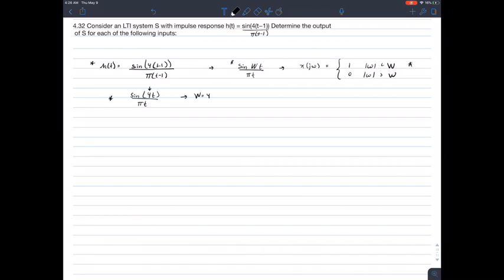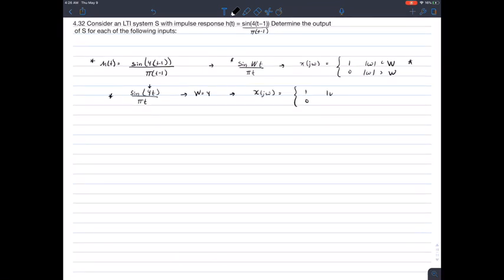So big W is equal to 4. So then now our new x of j omega is going to be equal to 1, 0, absolute value of omega less than 4, absolute value of omega greater than 4.